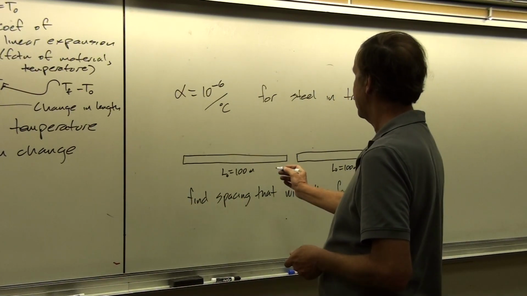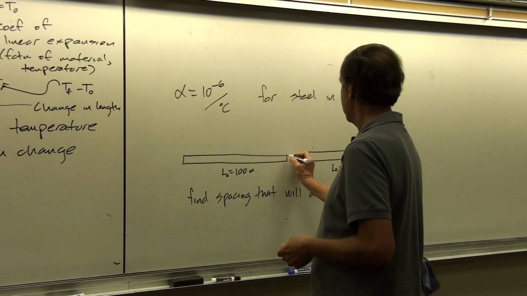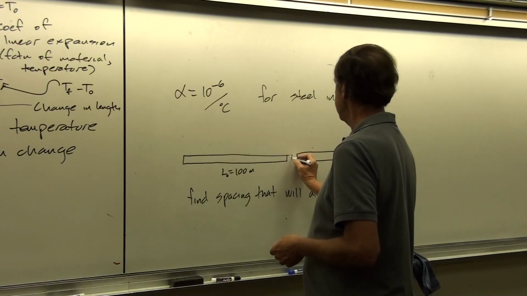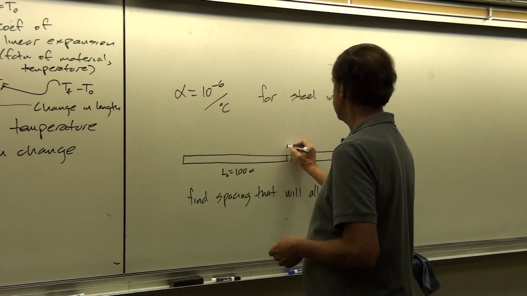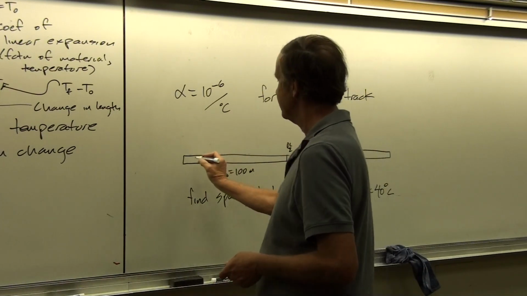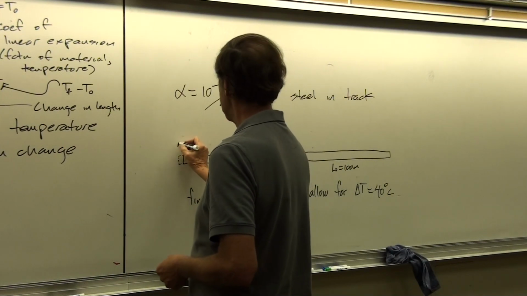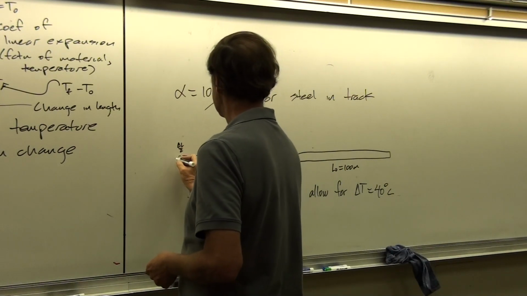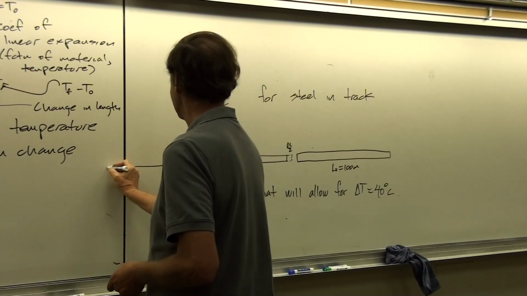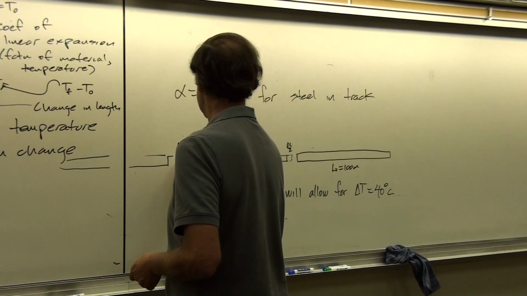Okay, and so L naught then would be the length at the initial temperature, and then that will expand on one side to delta L over 2. Why? Because it can expand just as easily in the other direction by delta L over 2. And so that means that the next track over here will also expand by delta L over 2.